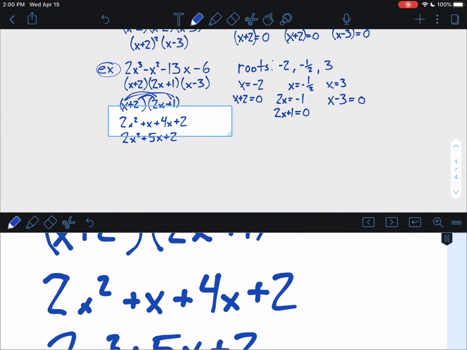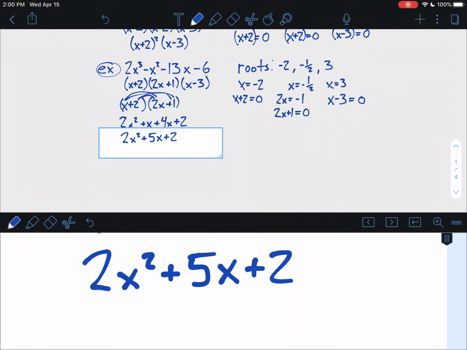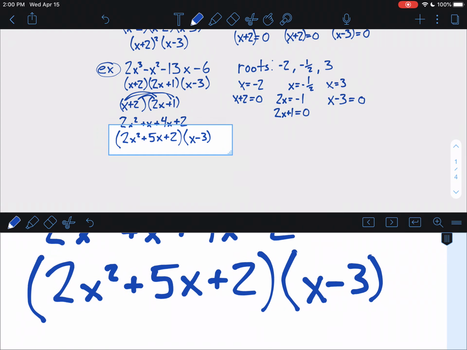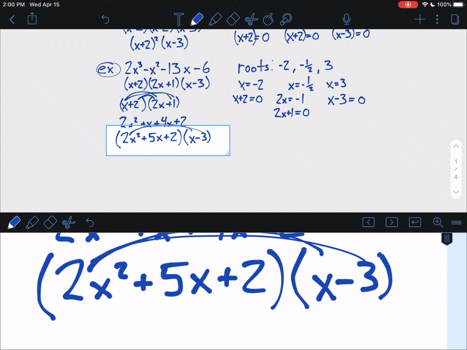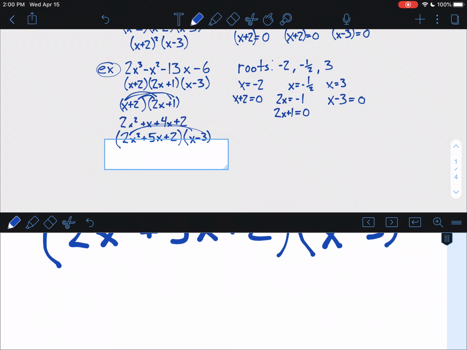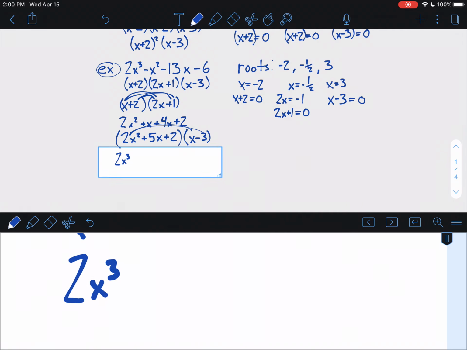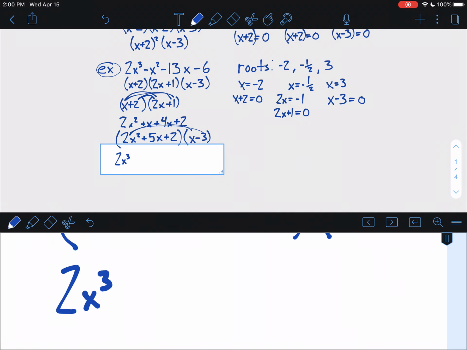But I still have that other factor of x minus 3. So I'm taking this and multiplying it by x minus 3. First thing I'll do, take the 2x squared and distribute it to both terms inside there. So 2x squared times x is going to be 2x to the third. 2x squared times negative 3 is going to be minus 6x squared.